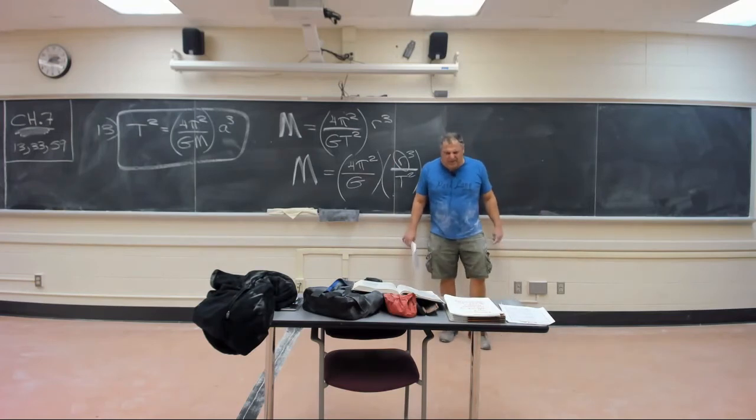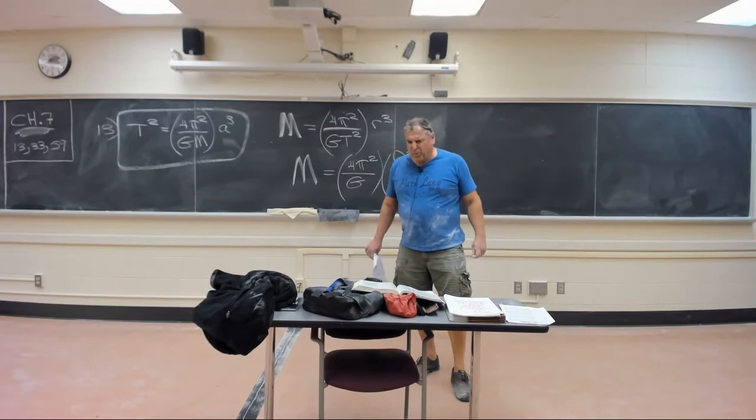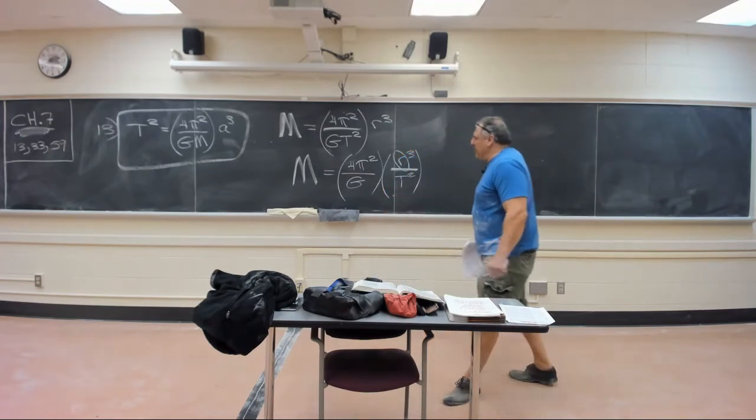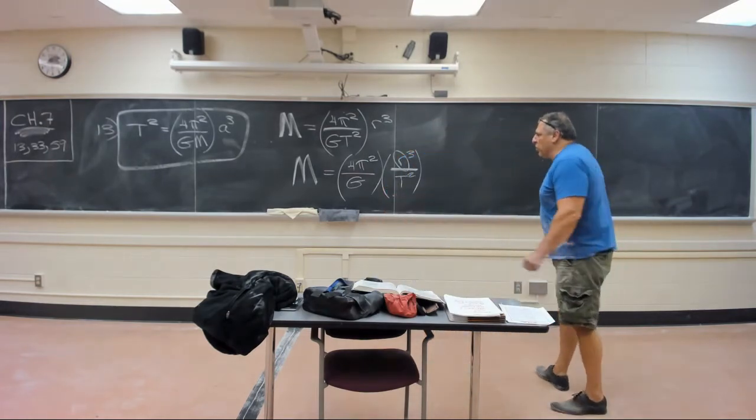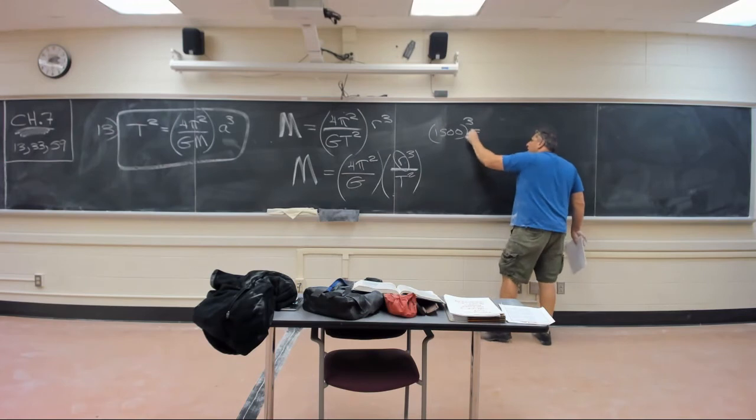Let me just try to think for a second here. It'd be 27 over 8. It would be about 3.375.